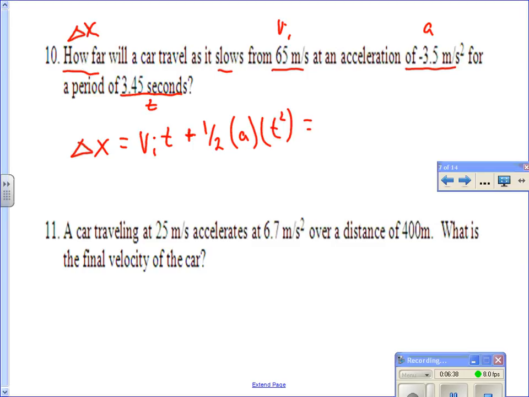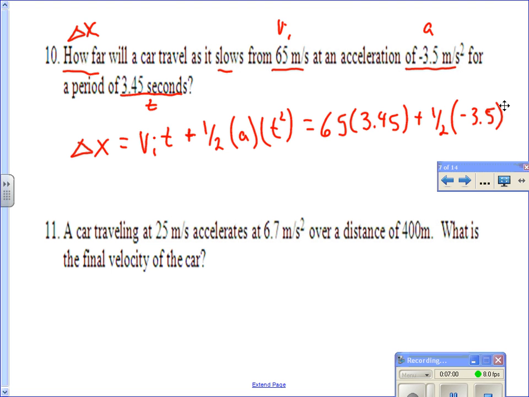So you plug that in, 65 times 3.45 plus 1/2 times negative 3.5 times 3.45 squared.